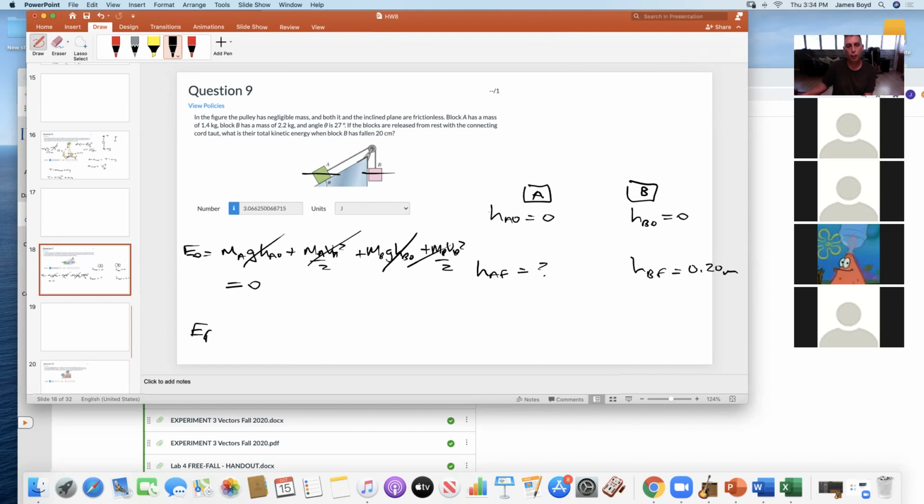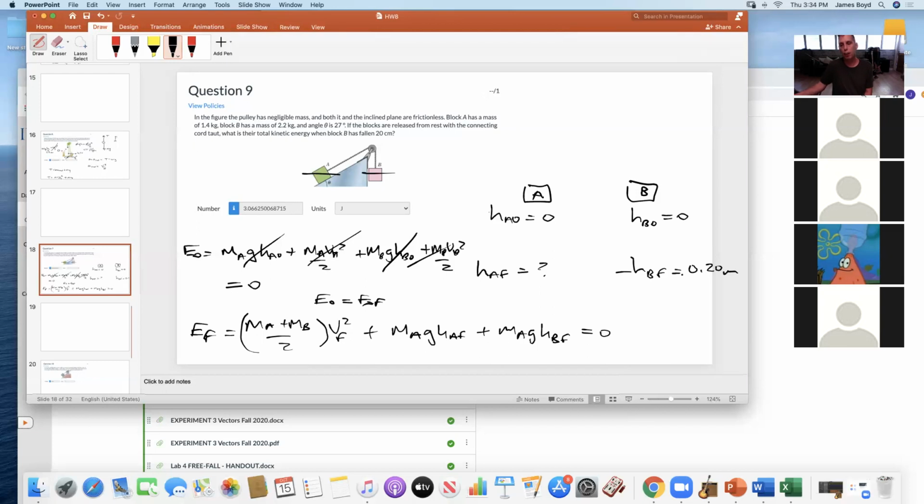The final energy, now we know that if they're massless ropes, they have to be traveling at the same velocity. So I can say MA plus MB over 2 V squared. I'm just going to combine these two final terms together, plus MA g HA final plus MB g HB final. And since E initial is equal to E final, it's equal to 0.